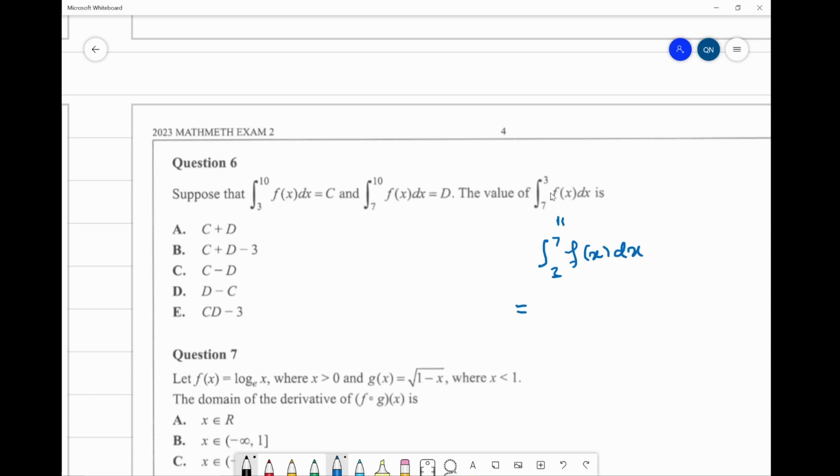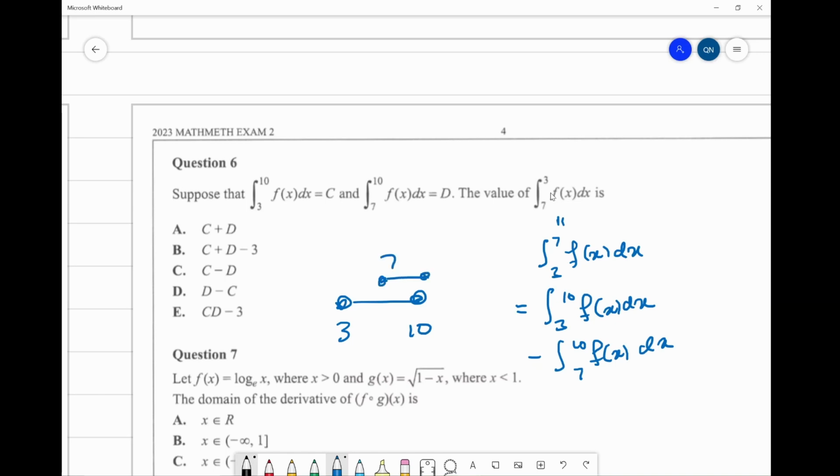But we want to rewrite it in terms of the integral from 3 to 10 and 10 to 7. So what I'm seeing here is the integral from 3 to 10 of f of x dx, and then minus the integral from 7 to 10 of f of x dx. Because if you go from 3 to 10 and then get rid of the integral from 7 to 10, you're left with the integral from 3 to 7.